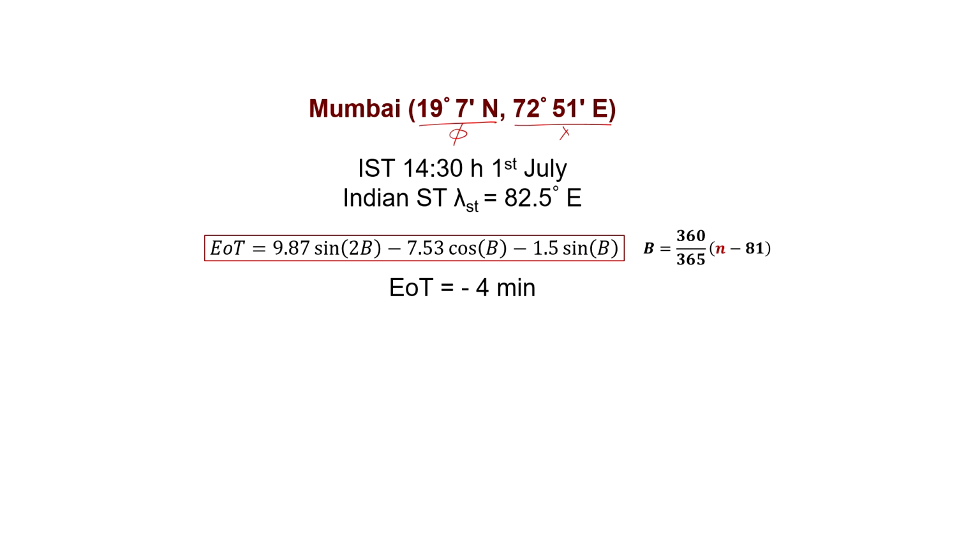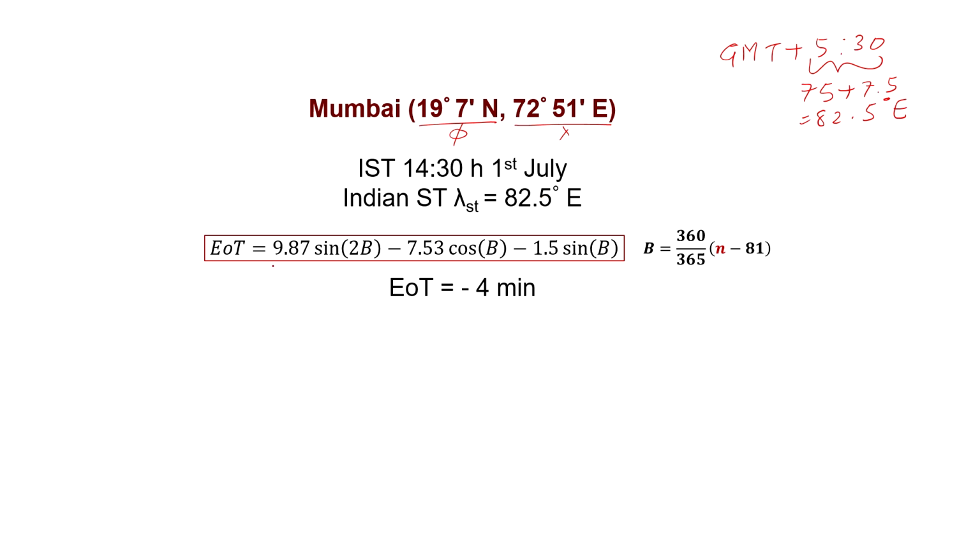Let us say it is 1st of July and time is 14:30 hours, and Indian standard lambda is 82.5 degree east, which is fine because we are GMT plus 5:30 hours. 5:30 will mean 75 plus 7.5, which is nothing but 82.5 degree east, right. So, Indian standard longitude will be 82.5 degree east.